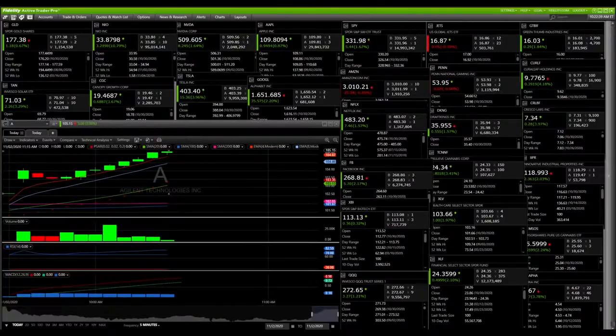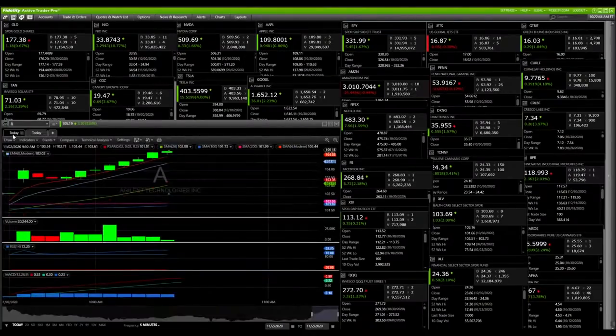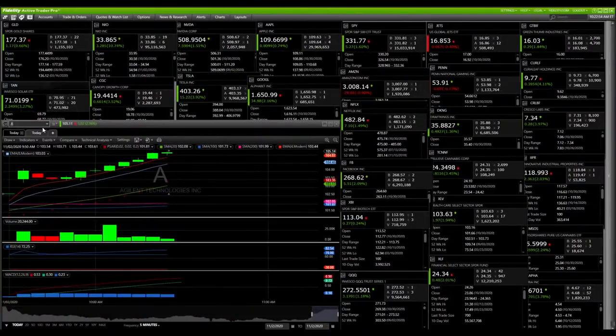But that weekly chart would definitely keep me bullish longer term at this point. We also have earnings in a couple weeks, not in play in the near term.